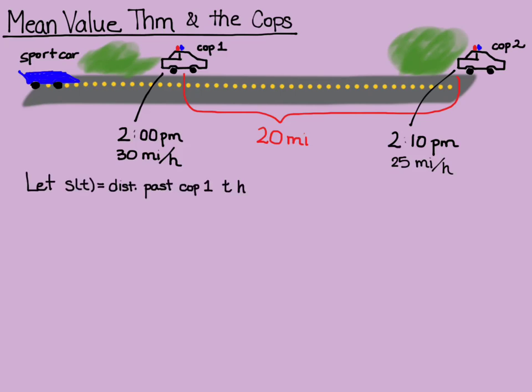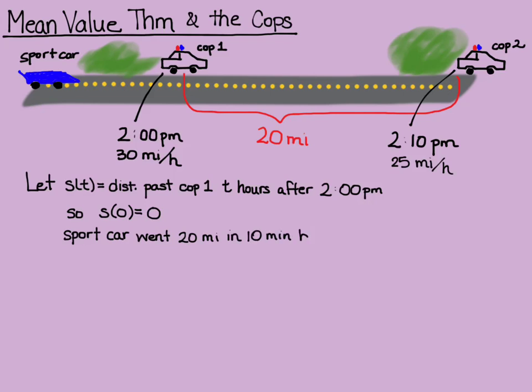We will let S of t be the distance past Cop 1 that the sports car has traveled t hours after 2 o'clock. So S of 0 is obviously 0 because the car is immediately in front of Cop 1 at 2 o'clock. The sports car traveled 20 miles in 10 minutes, but we need to know the hours because everything is being measured in miles per hour.